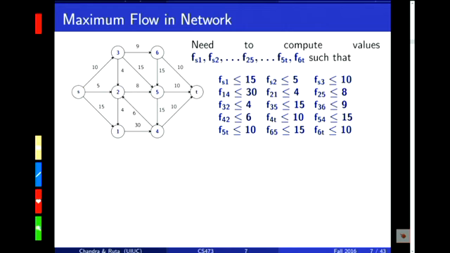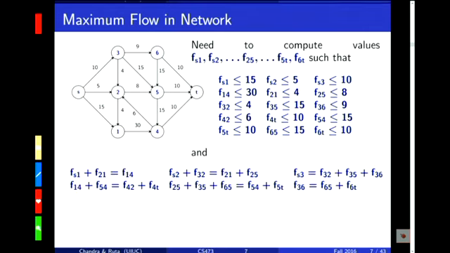So what can I say about vertex 1? What is that constraint? How much flow is going into vertex 1? f_s1 plus f_21, right? And how much can go out? f_14.